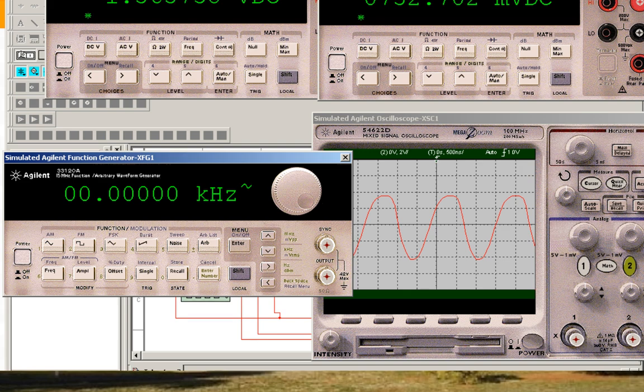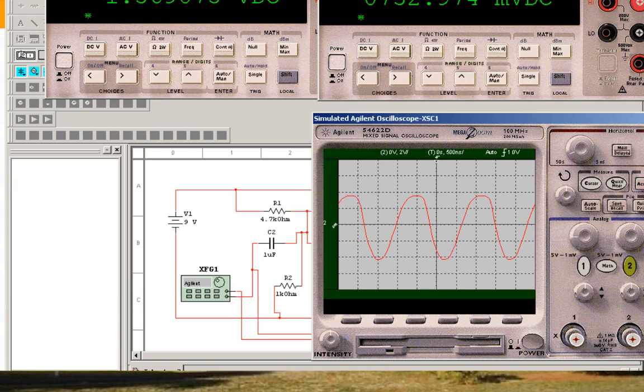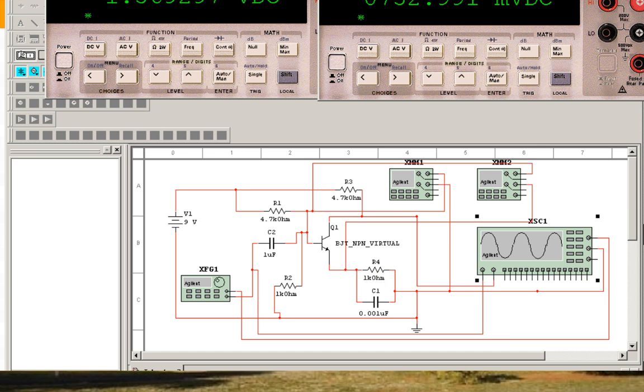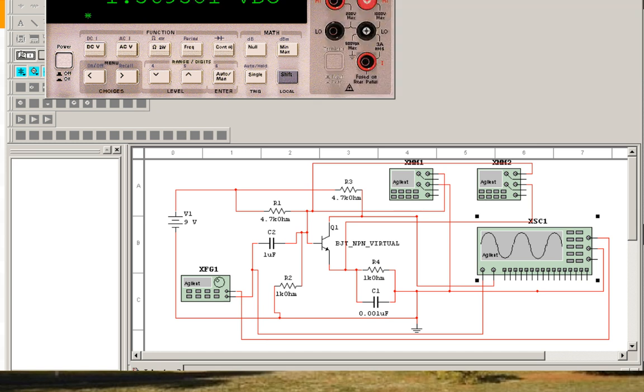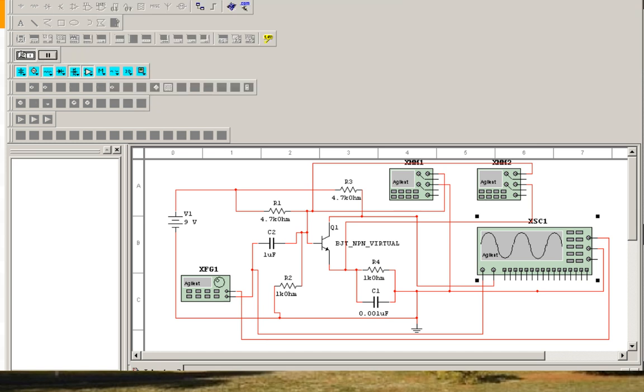Anyway, distortion is an aspect of noise. So that's that circuit, and I want to stop the sim. File, save.